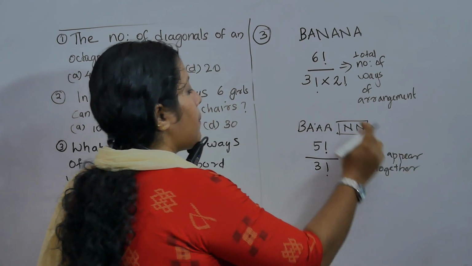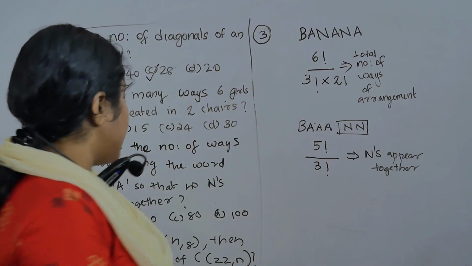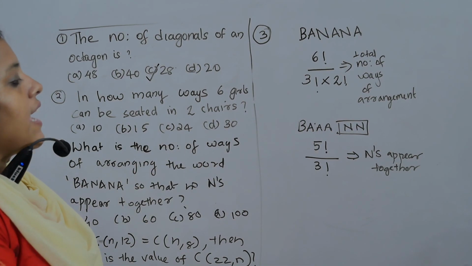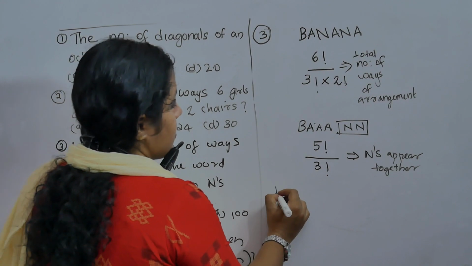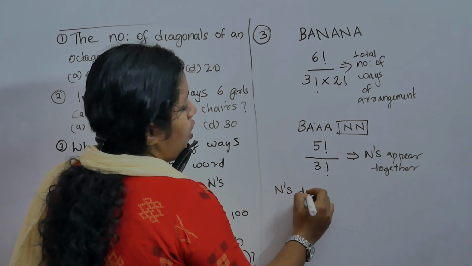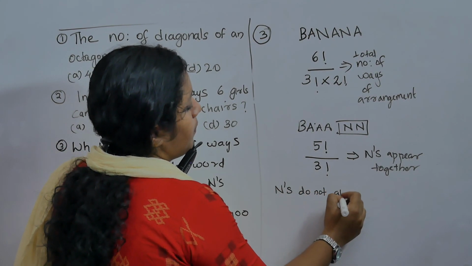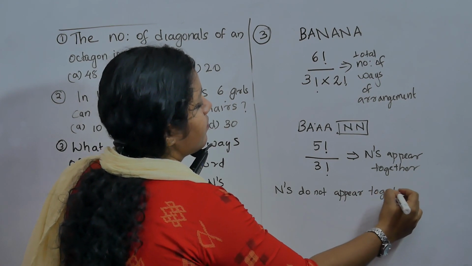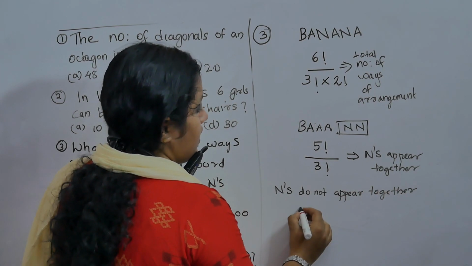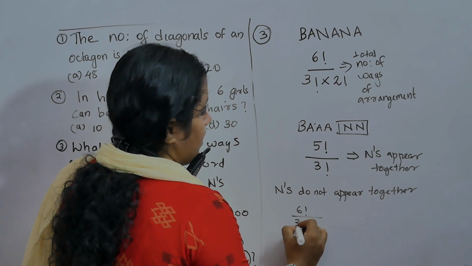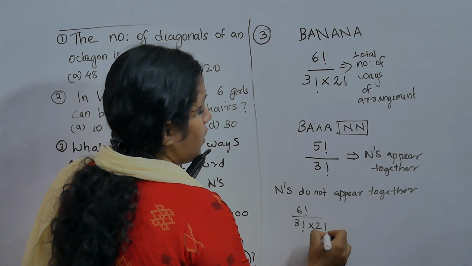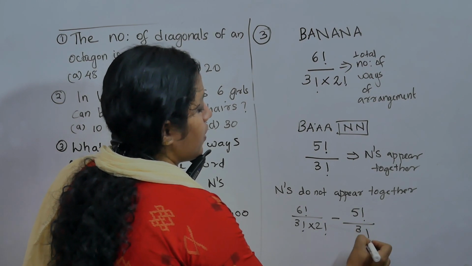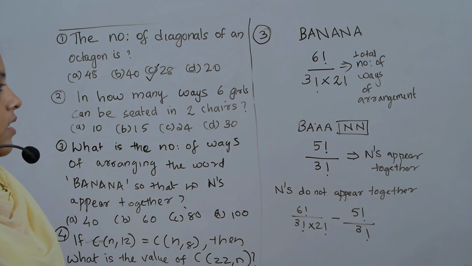So if we subtract the number of ways N's come together from the total number of ways, we'll get N's do not appear together. That is 6 factorial by 3 factorial into 2 factorial minus 5 factorial by 3 factorial. Clear, isn't it?